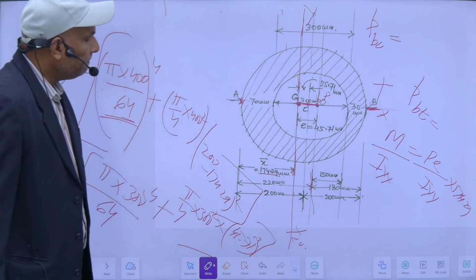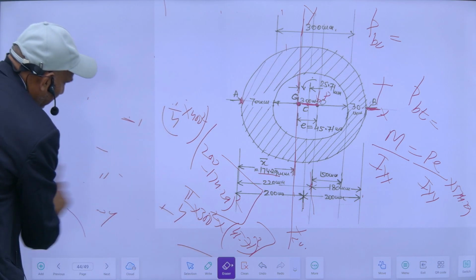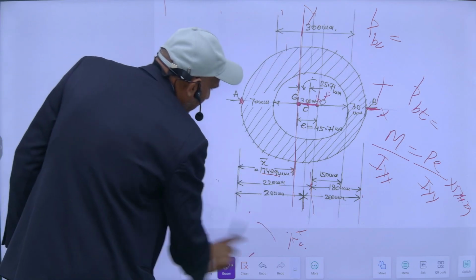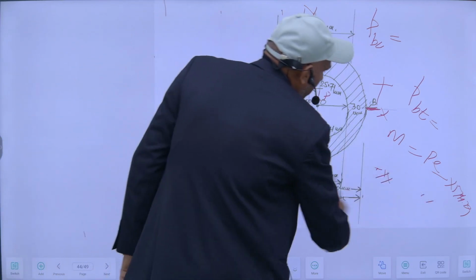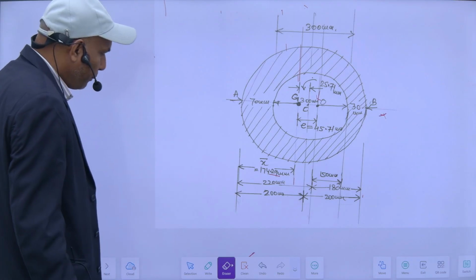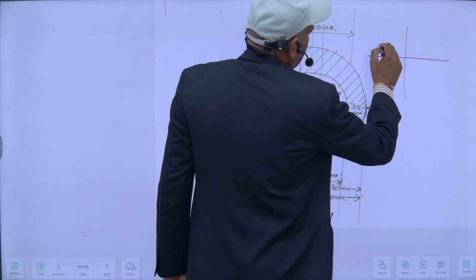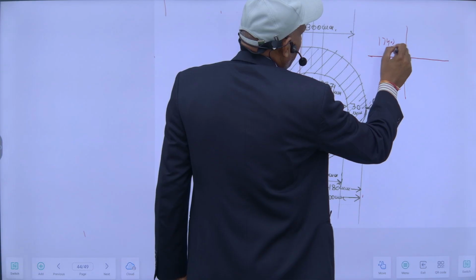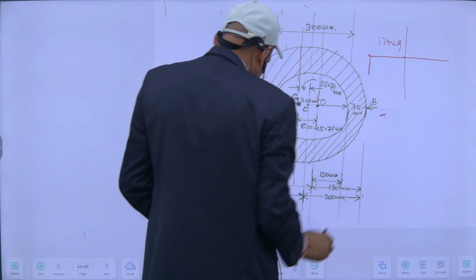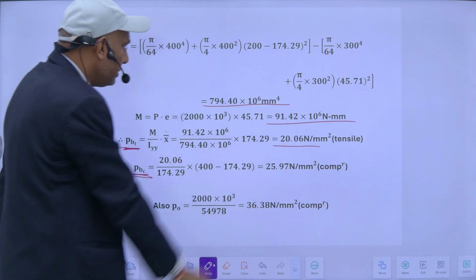Obviously its stress diagram will be like this. This is the neutral axis. This distance from the centroid is 174.29, and this is tensile, with value equal to 20.06.